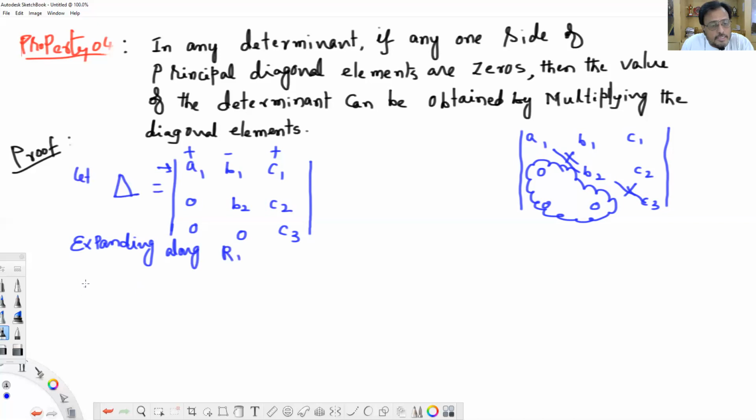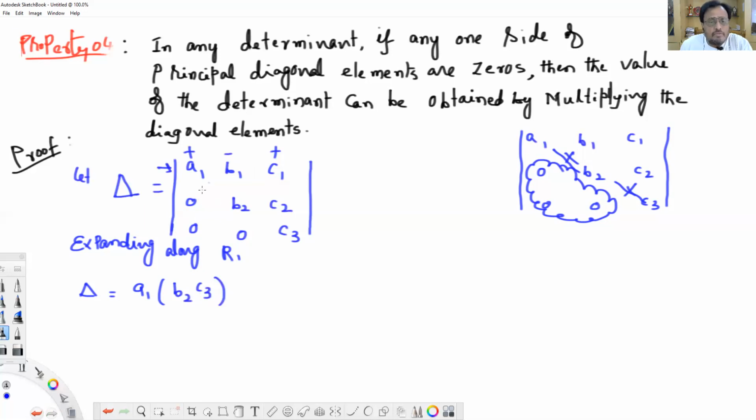So therefore delta is equal to plus A1 into B2 C3 minus 0 into C2 0. Now here you see A1 into B2 C3 minus 0.